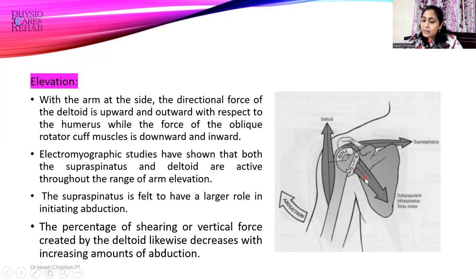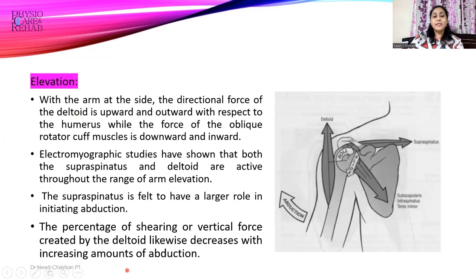They give a similar muscle contraction, the magnitude is the same, but in the opposite direction. So when the deltoid is trying to translate the head of the humerus superiorly, these force couples give force in a downward direction, and that's how they help prevent the head of the humerus from translating or dislocating superiorly.